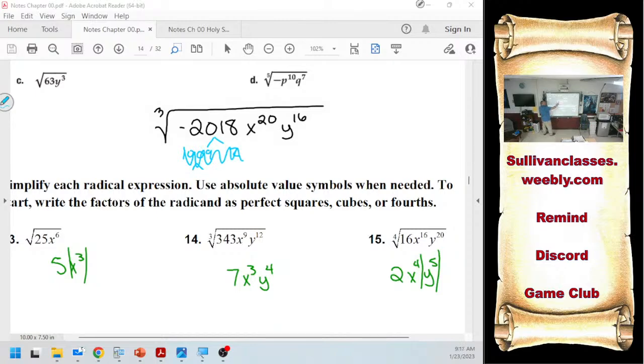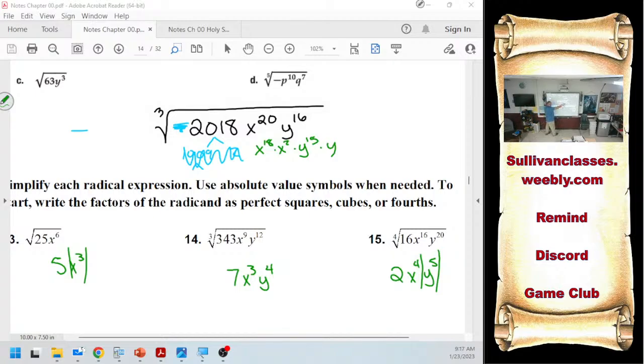Cube root of a -1 is -1. Break these up into x to the 18th by x squared, y to the 15th by y. You see why I'm breaking them up like that? Because I want something divisible by 3.